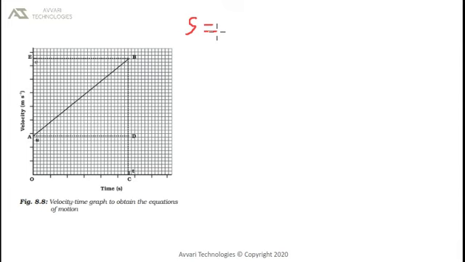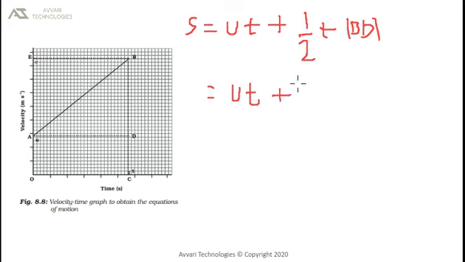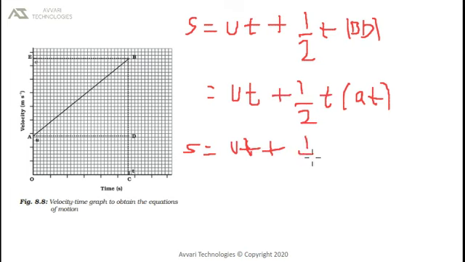So S could be rewritten as UT plus half base T into BD. From the previous proof, we know that the length of BD is equal to AT. T times T into AT is equal to AT square. So S is equal to UT plus half T times T, which is T square, half AT square.